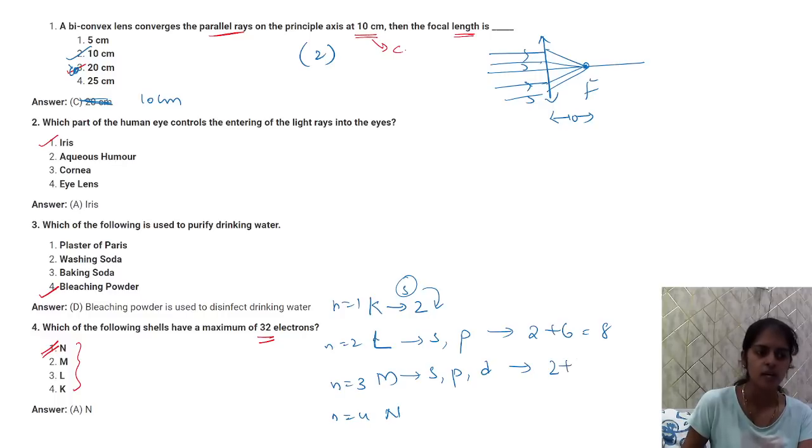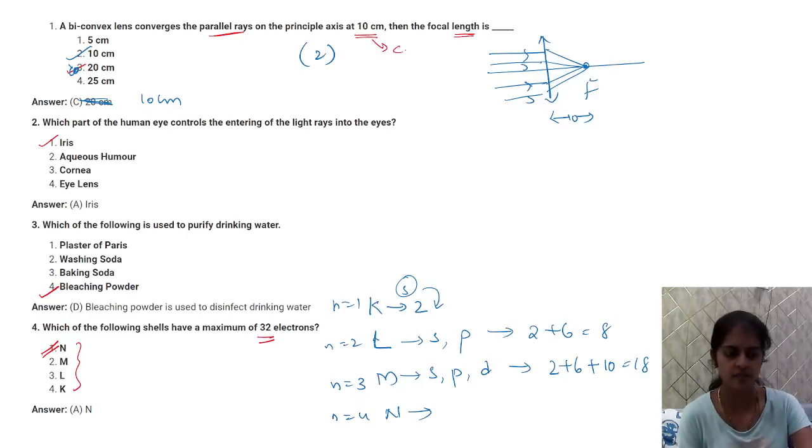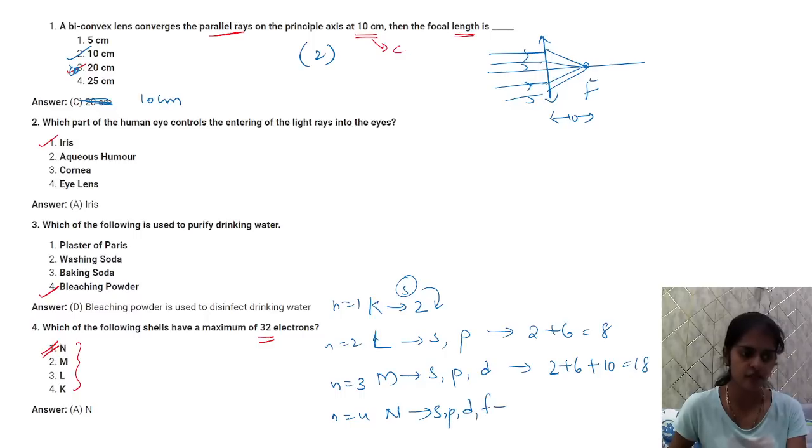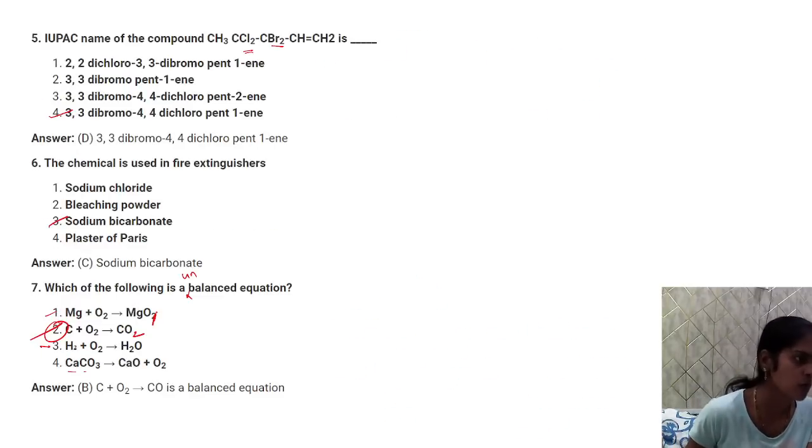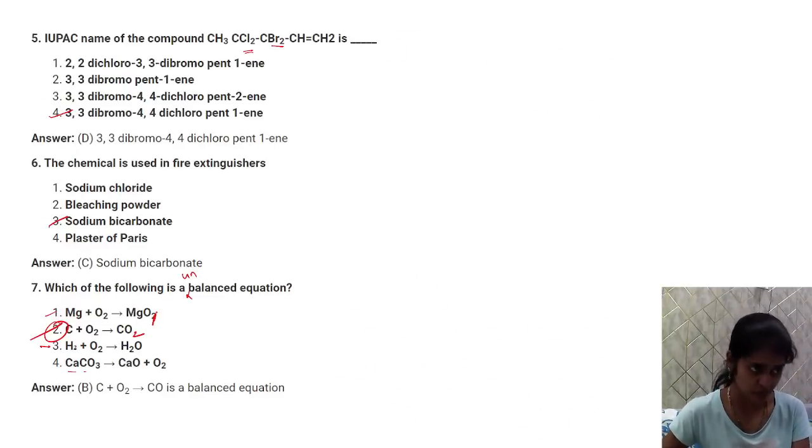So S2, P6, D10, so total 18 electrons. So now remaining shell is N shell, which has maximum 32 electrons. So you add F also. Okay, so plus 14 you will get. So S, P, D, F. So 2 plus 6 plus 10 plus 14 you will get. So 32.